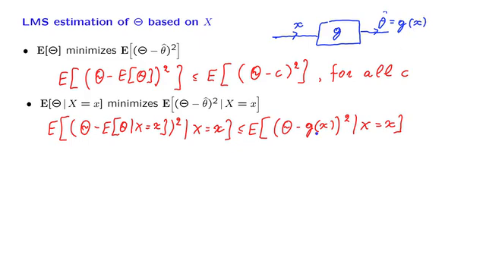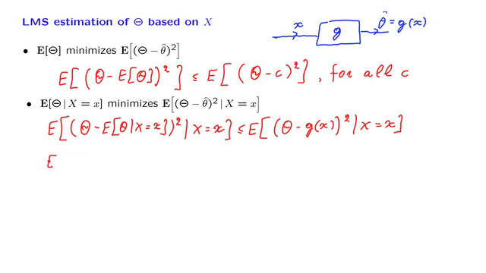So, no matter what estimate we use, the mean squared error is going to be at least as large as the mean squared error that we obtain if we use the conditional expectation. Now let us take this inequality here and write it in a more abstract form. Suppose that we have settled on some particular estimator and we want to compare this estimator with the expected value estimator.